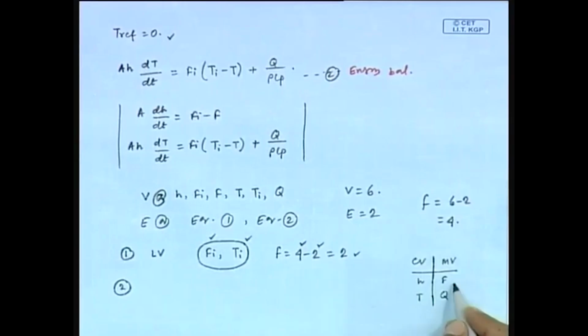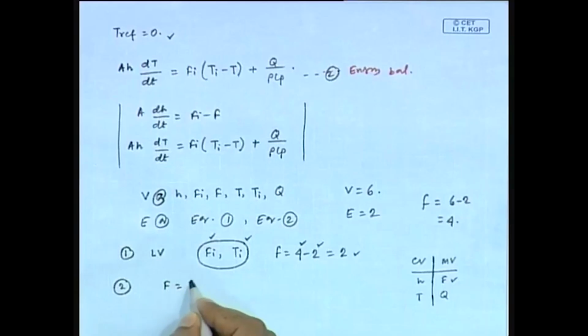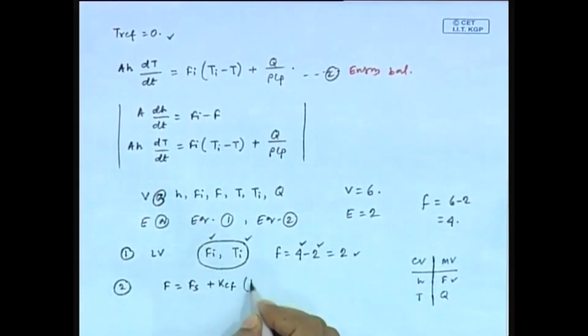For these 2 control pairs, if F is the manipulated variable, the control equation we can write like this: F equals Fs plus Kcf multiplied by (Hd minus H).